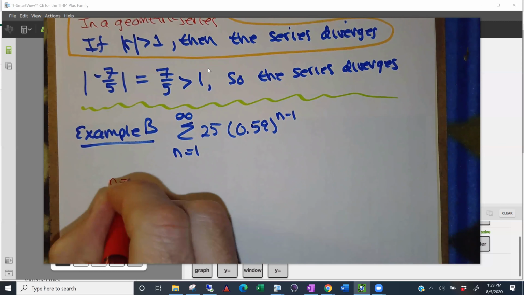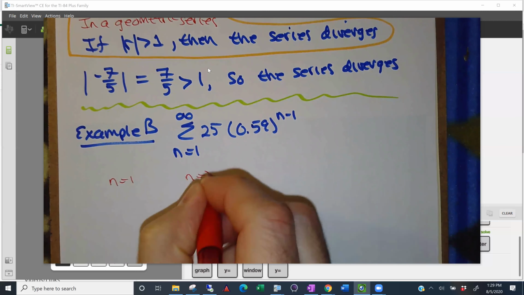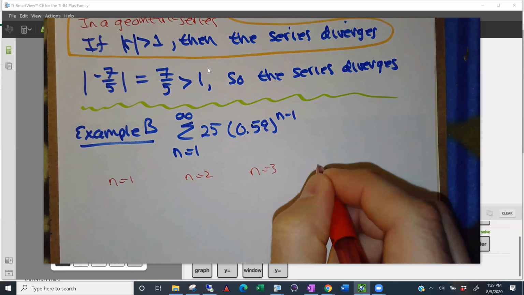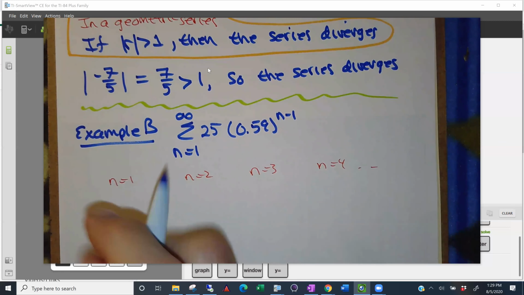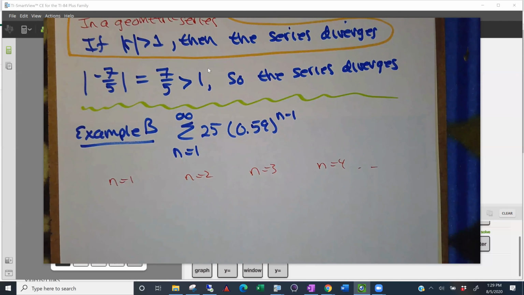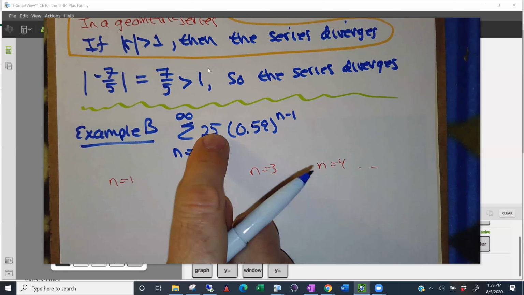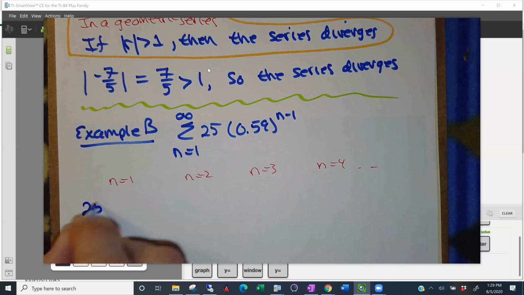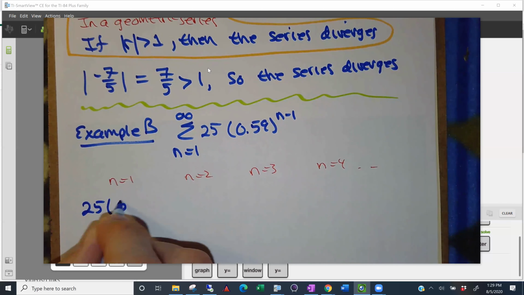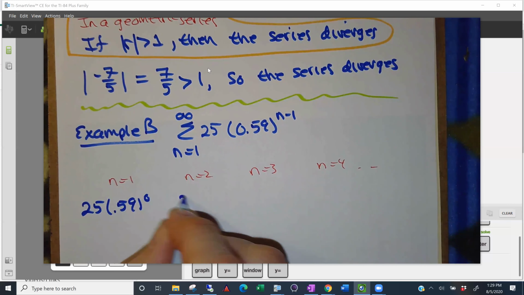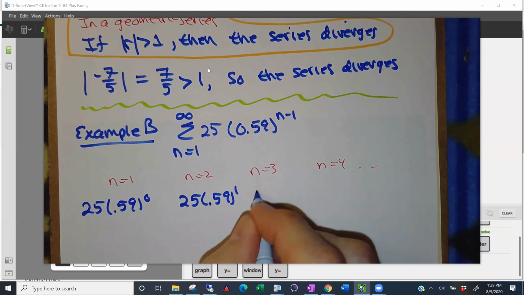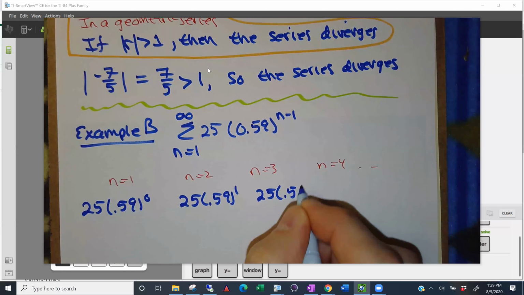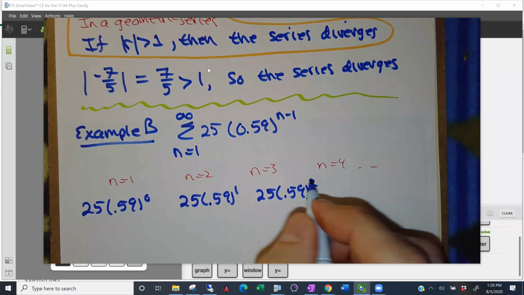So n equals 1, n equals 2, n equals 3, n equals 4, and so on. So let's see. N equals 1, that'd be 25 times 0.59 to the 0, and then 25 times 0.59 to the 1, 25 times 0.59 to the second, and so on.